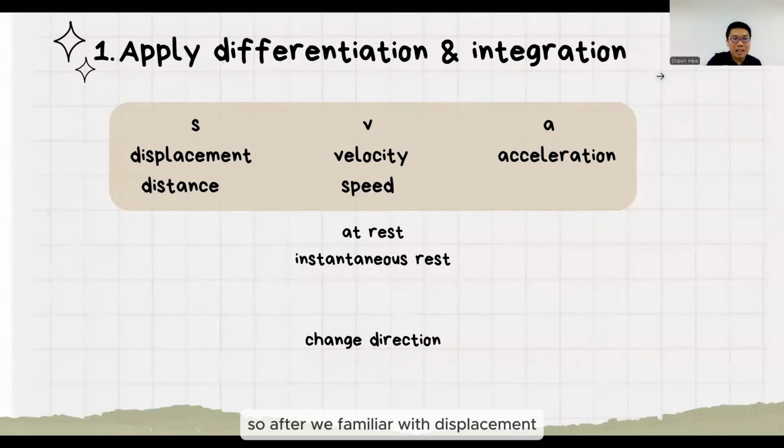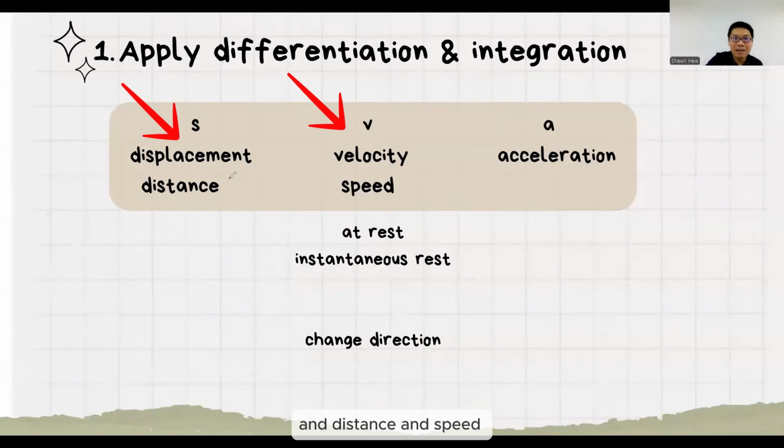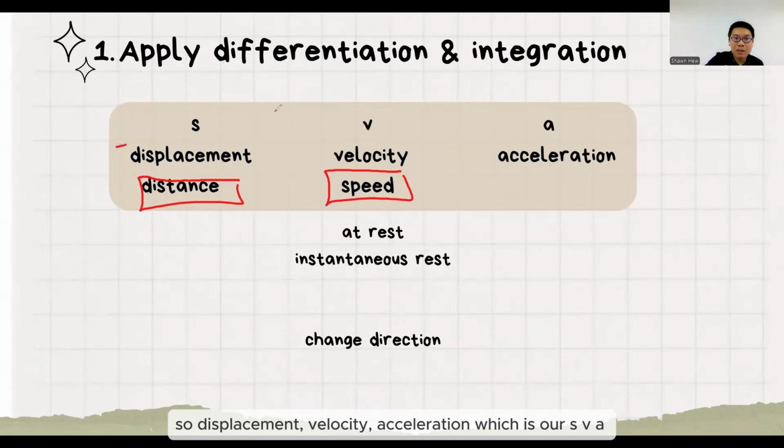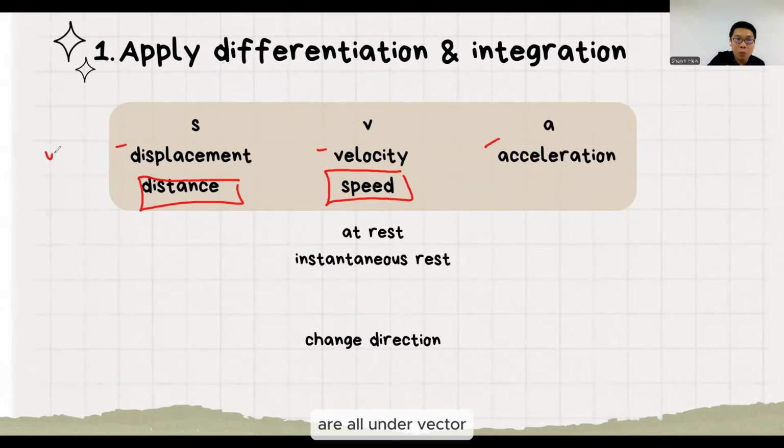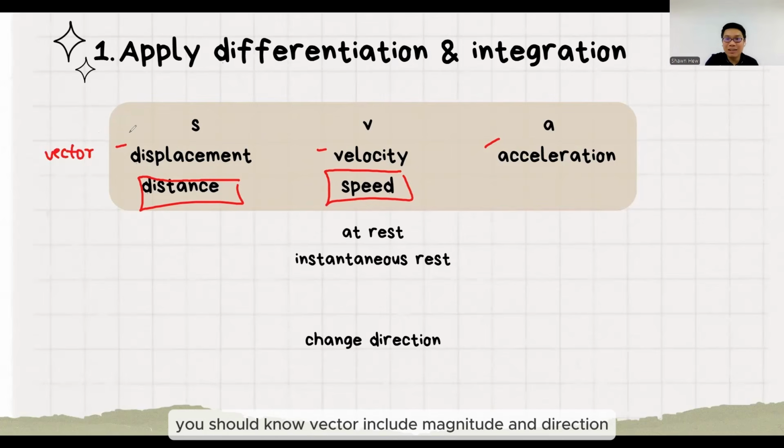After we are familiar with displacement, velocity, and acceleration, we need to know the difference between these and distance and speed. Displacement, velocity, and acceleration, which is our SVA, are all vectors. If you learned in physics, you should know a vector includes magnitude and direction.